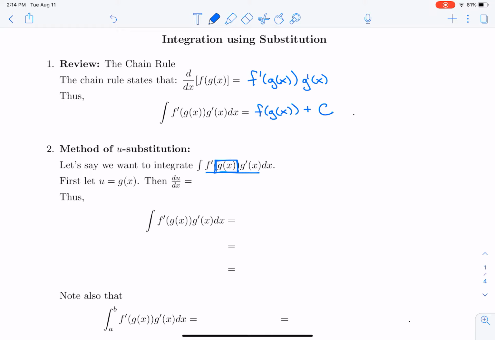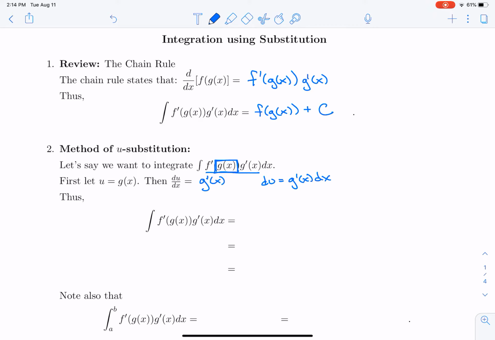And then the derivative of u with respect to x, we're going to call g prime of x. A lot of times, even though this isn't quite legal, you'll see people write that du is equal to g prime of x dx.